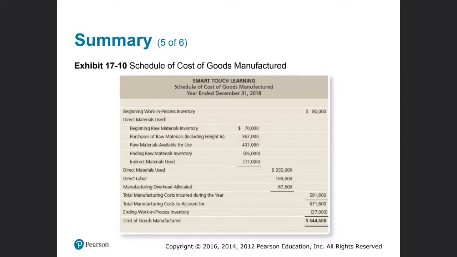And then you'll come to the total amount of direct materials that you used, your direct labor. That's going to give you your manufacturing overhead that has been allocated. And then your total manufacturing costs that were incurred during the year was $591,600. Total manufacturing cost to account for, your ending work in process inventory, and then your cost of goods manufactured.